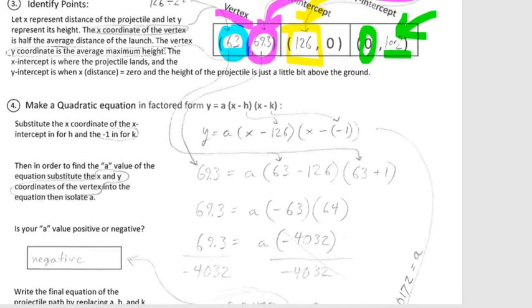So this is the part, step 4, where version B is a little bit different from version A. Version B has you solving to find the factored form of our equation. And so we are going to start off by using the x-intercept. And so we're going to take this 126 and plug that in for our h value, and that's going to end up right here.